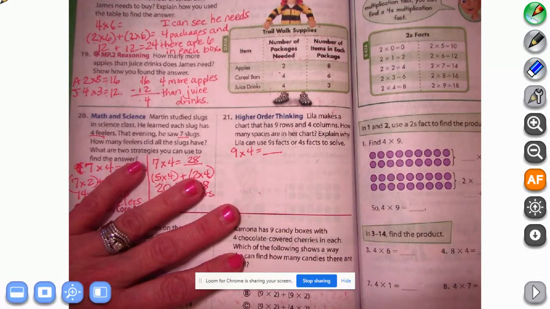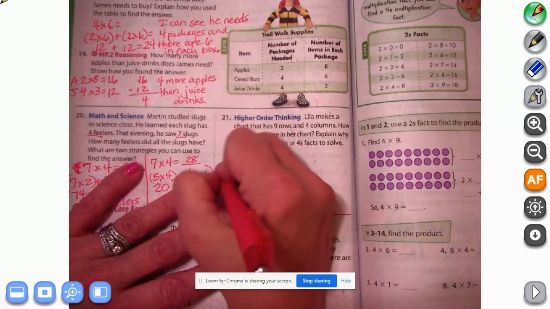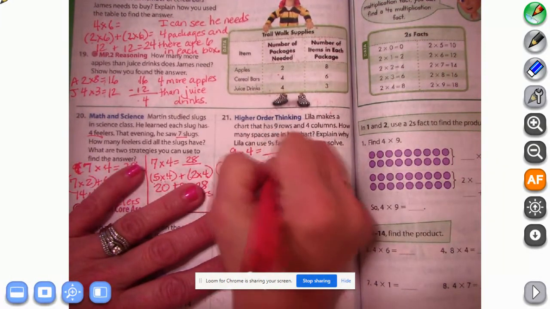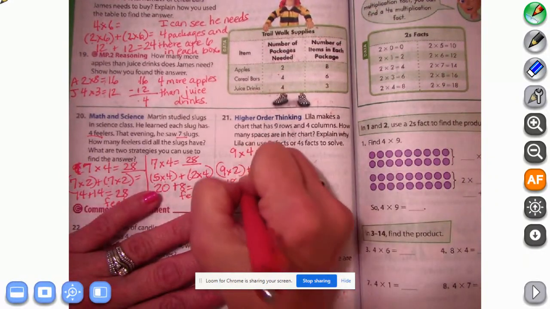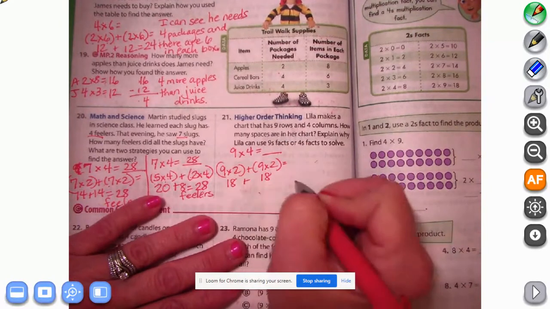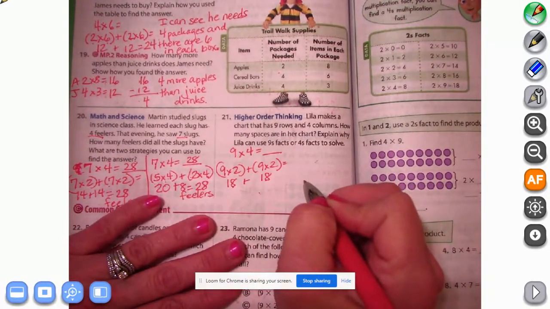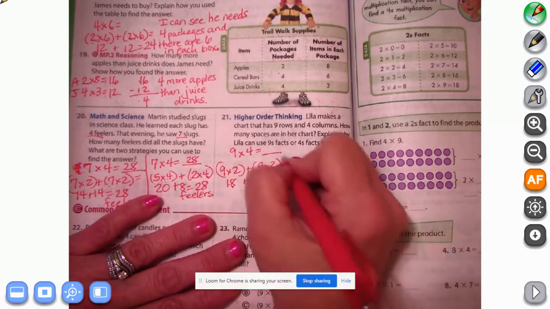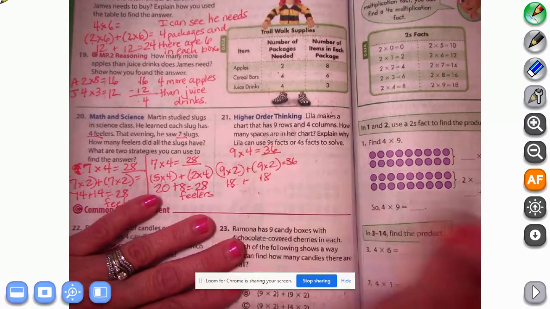Okay, so if we do a 2, we can break it down into a 9 times a 2 plus a 9 times a 2. 9 times 2 is 18, plus 9 times 2 is 18. 8 plus 8 is 16. 26, 36. So we just added the 10s that are there.